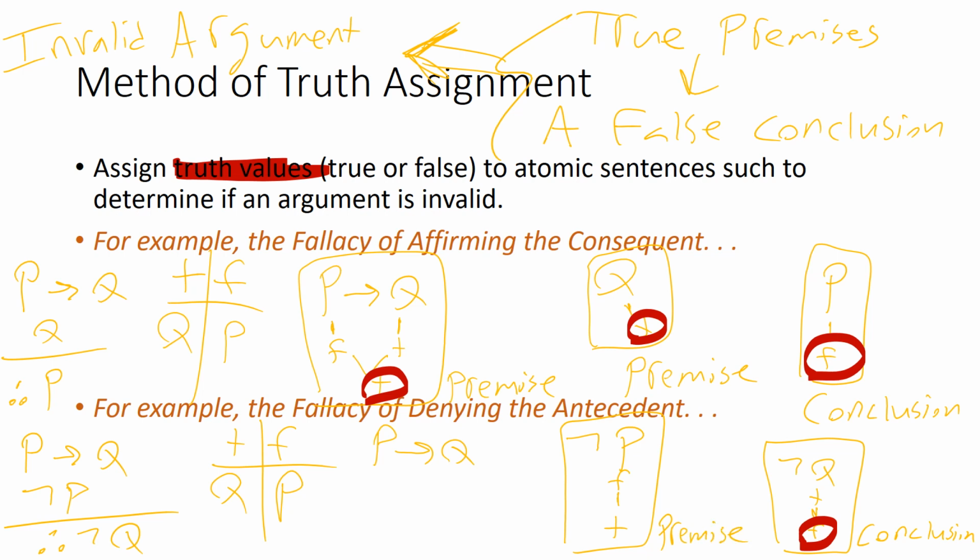So the second premise is true. P is false. Q is true. So we have a true conditional. So this premise is also true. So we have the two premises, both are true, but the conclusion is false, so therefore the argument is invalid. The fallacy of denying the antecedent is indeed a fallacy.